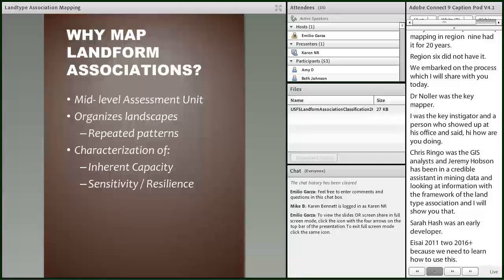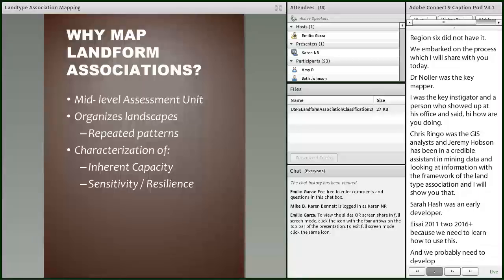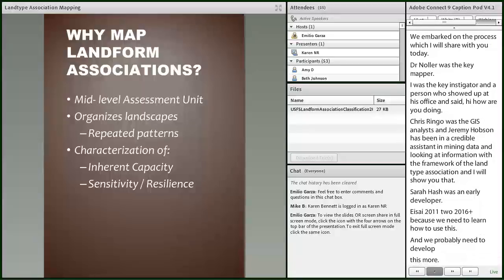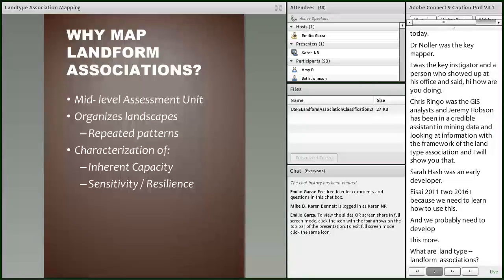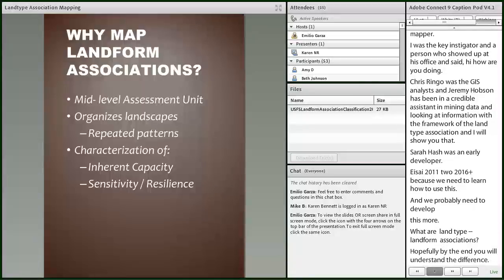So what are land form or land type associations, and hopefully by the end of this presentation you'll understand the difference between land form associations and land type associations. But it's basically a mid-level assessment unit. It's a terrestrial mapping that helps organize landscapes with the idea that if landscapes have the same formative factors, the same geology, the same climates, the same kind of history of geophysical signatures, they'll behave the same.